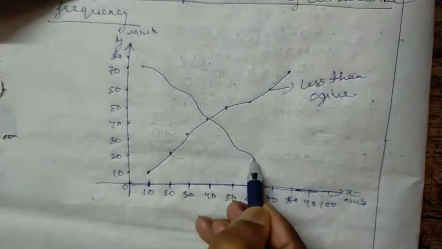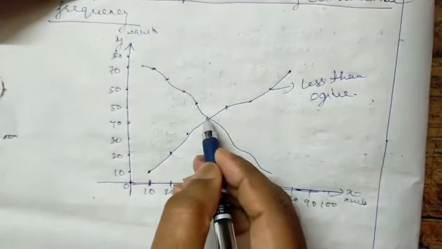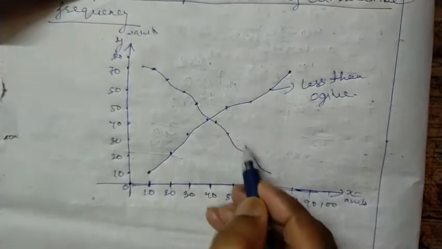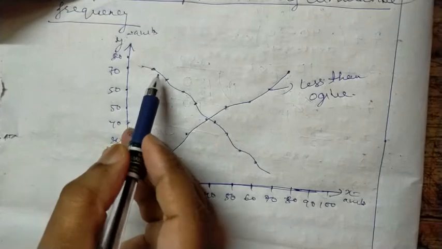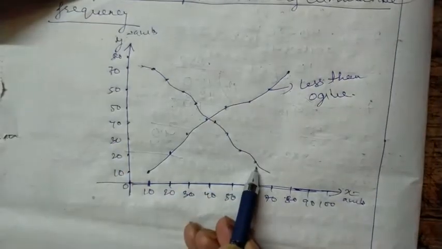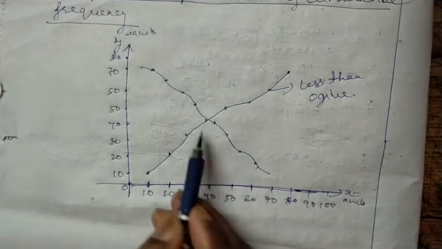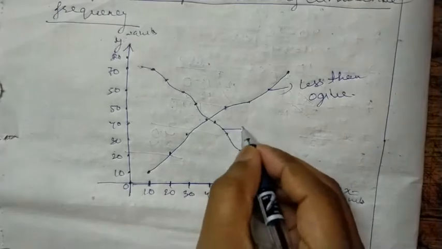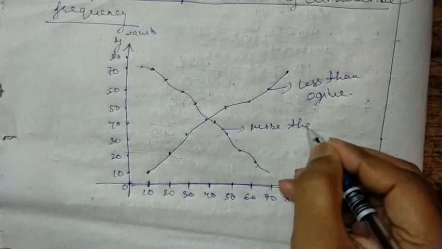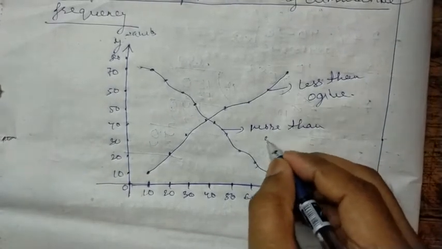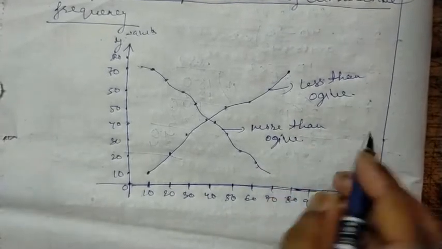If the graph moves from upward to downward, we'll call this a more than ogive.